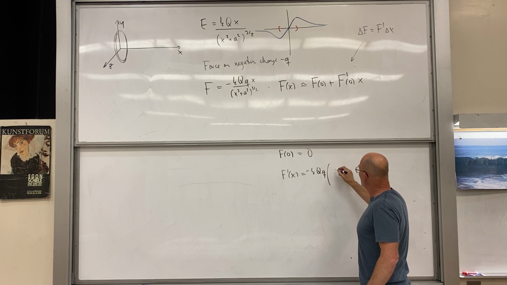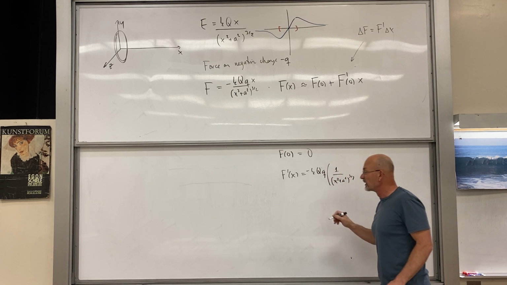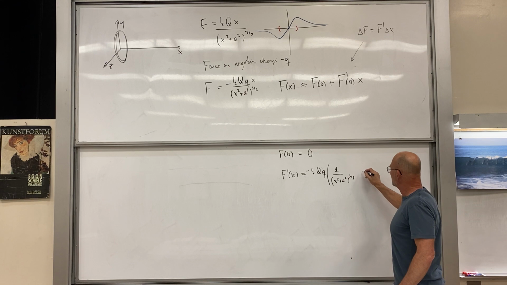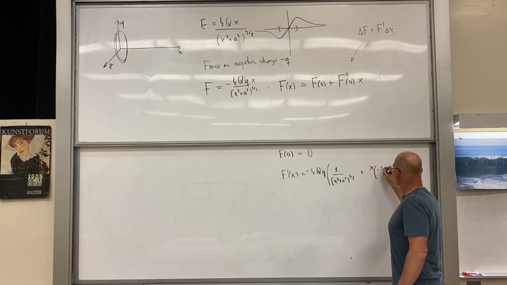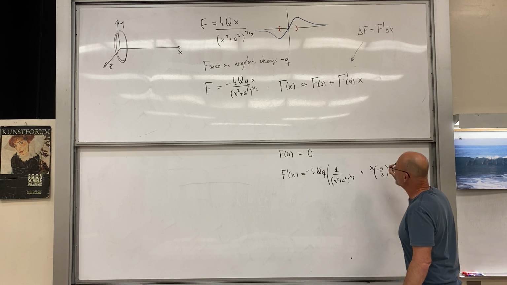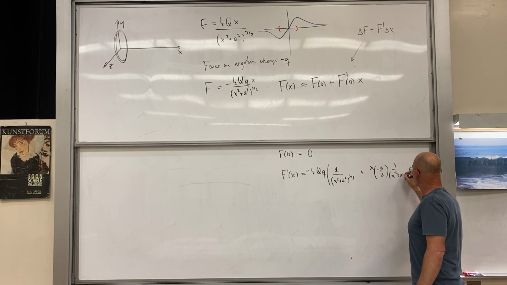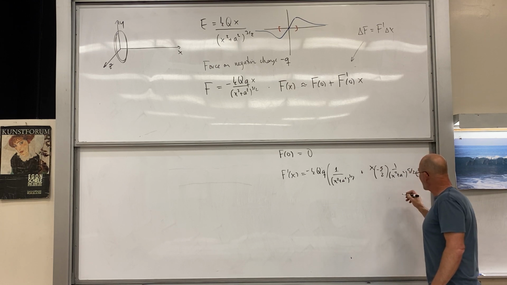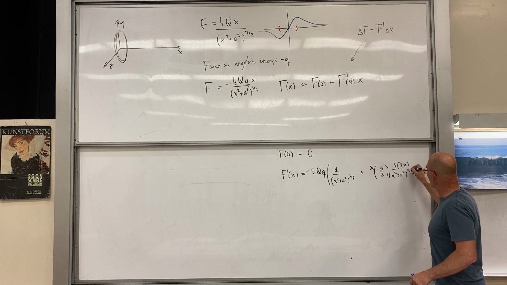We have 1 over (x squared plus a squared) to the 3 halves, and then plus x times negative 3 halves, 1 over (x squared plus a squared) to the 5 halves, the inner derivative gives us 2x times 2x.